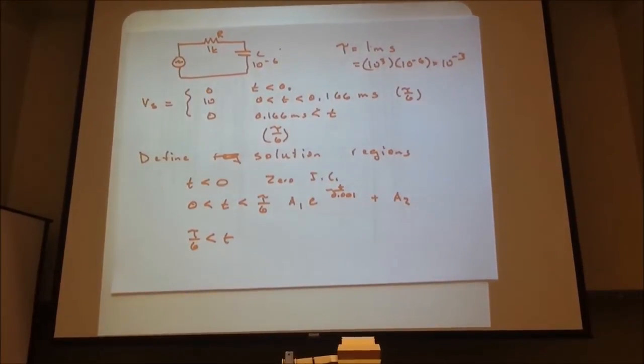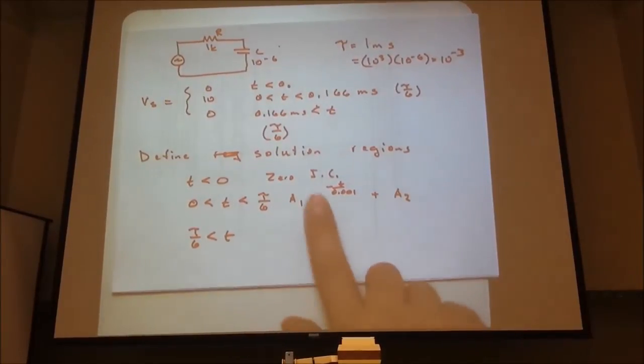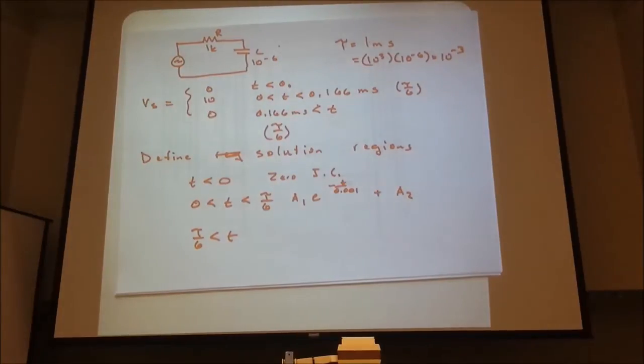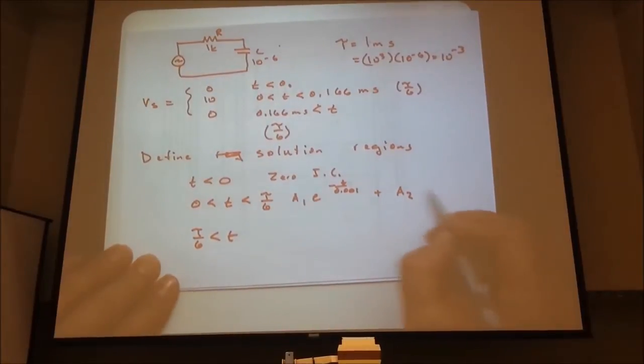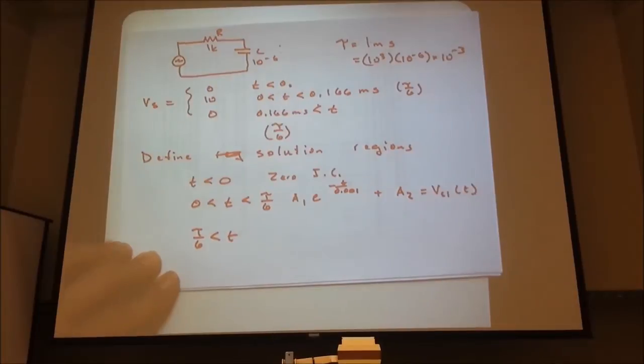It's a step function source. That means our particular solution is DC, and first order circuits always have this decaying homogeneous term. This guy goes with all our first order circuits, and again, our particular solution is a constant. Well, what is our, and that was our DC1 of t if you want.